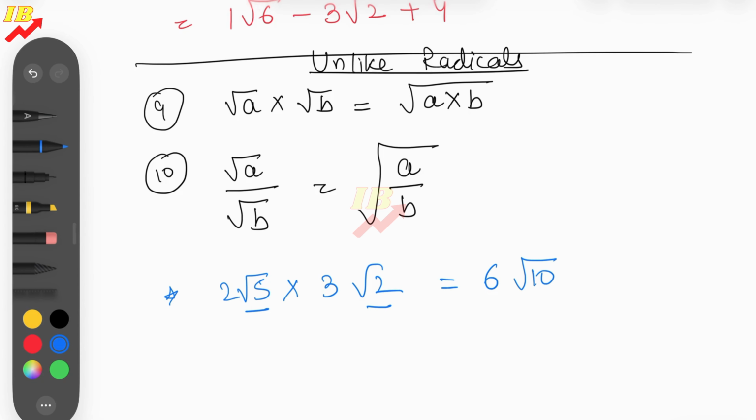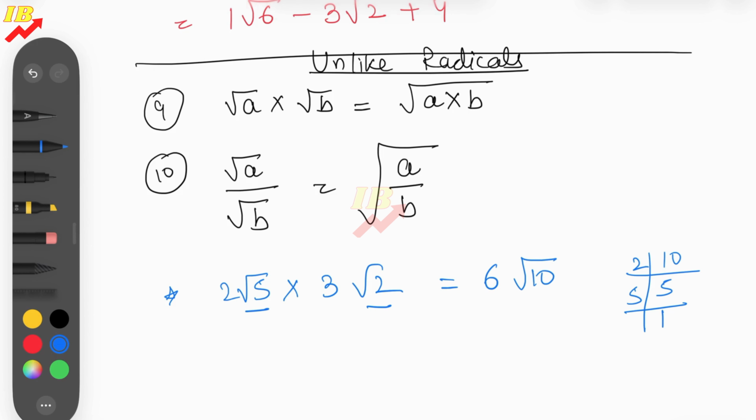Now one more thing is important here. You have to check whether the inside root part is giving you any pair. I am going to factorize it. It is giving me 2 and 5 as factors which are unpaired, so we cannot take anything out from it.